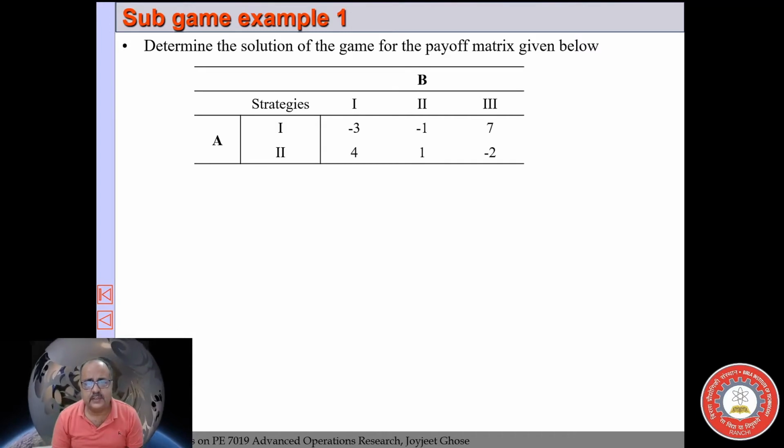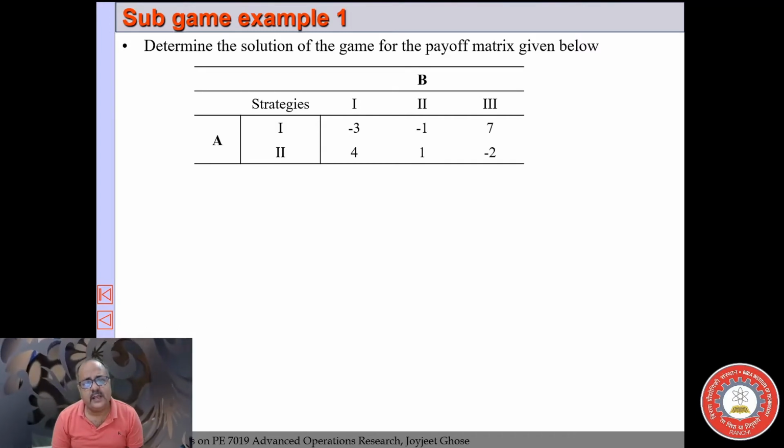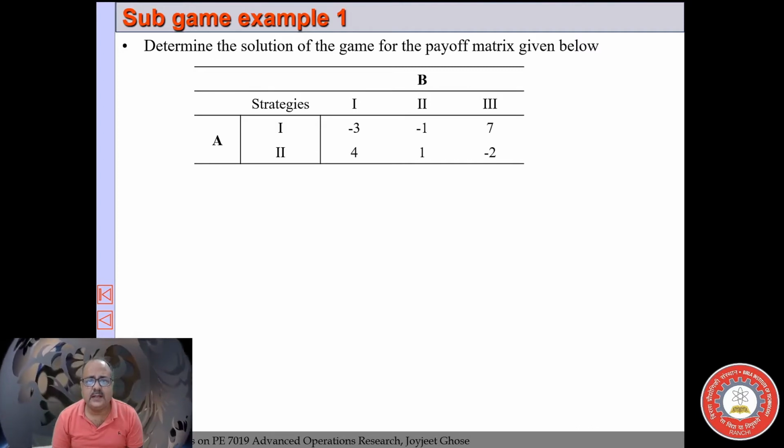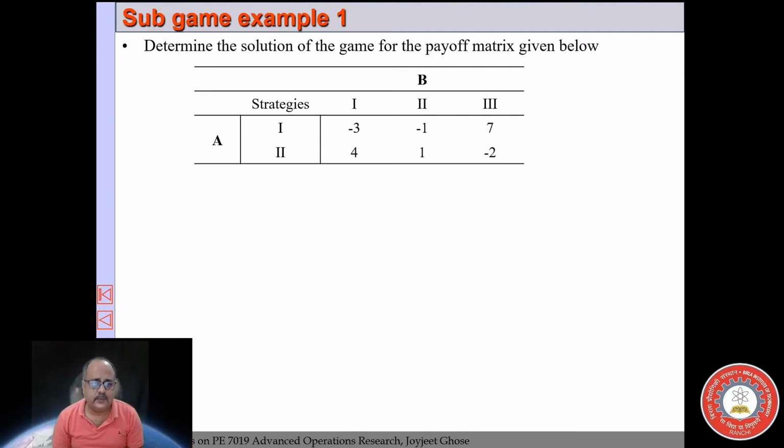This is a payoff matrix where A has 2 strategies and B has 3 strategies. Remember, the number of strategies of B is more than 2, that is 3. What we'll do is divide this payoff matrix into 3 subgames, where A has 2 strategies and B has 2 strategies.